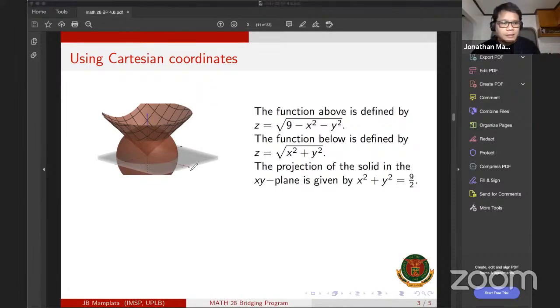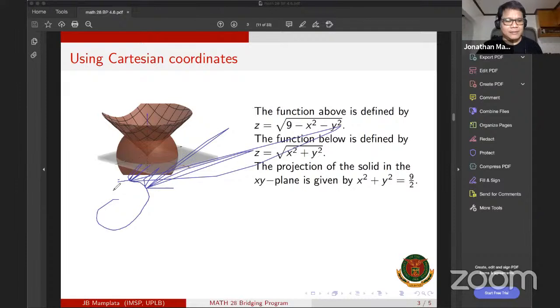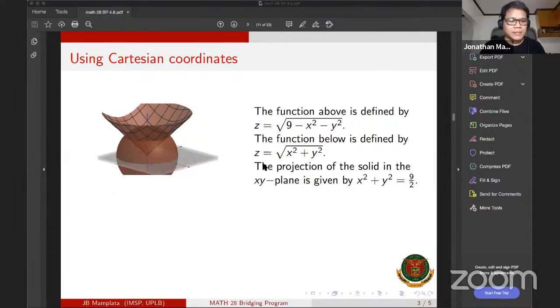Okay. So ayusin ko lang. So meron tayong equation ng circle. Okay.